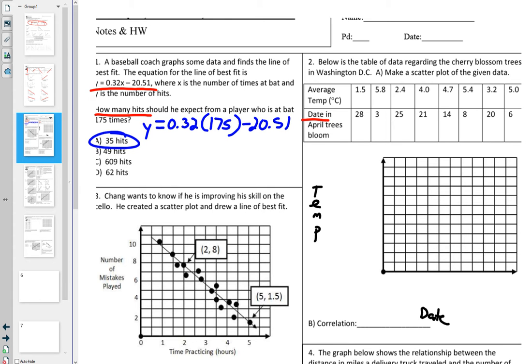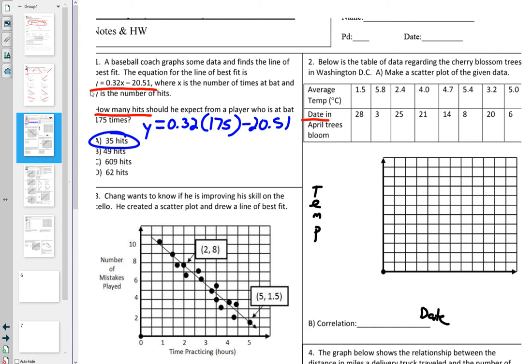We need an interval. How many do we have? 1, 2, 3, 4, 5, 6, 7, 8, 9, 10, 11, 12. I think 4s would be good. 4, 8, 12, 16, 28. That wouldn't be enough.